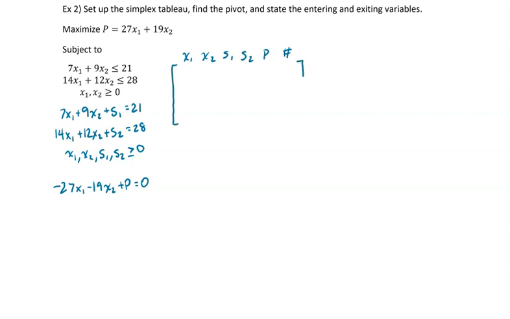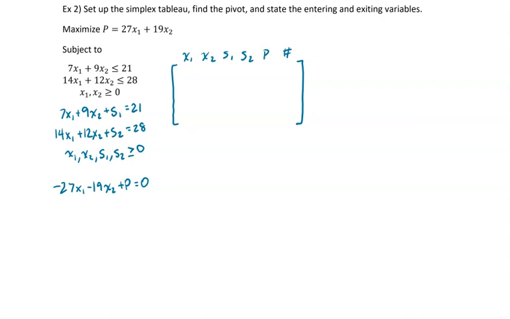And keep in mind, if you had a third inequality, you would have an S3. You would just put it on top. Or if you had a third actual variable, as in x3, you would put x3 on the top. You just put all of your variables that you have, plus p and the number that's on the side.